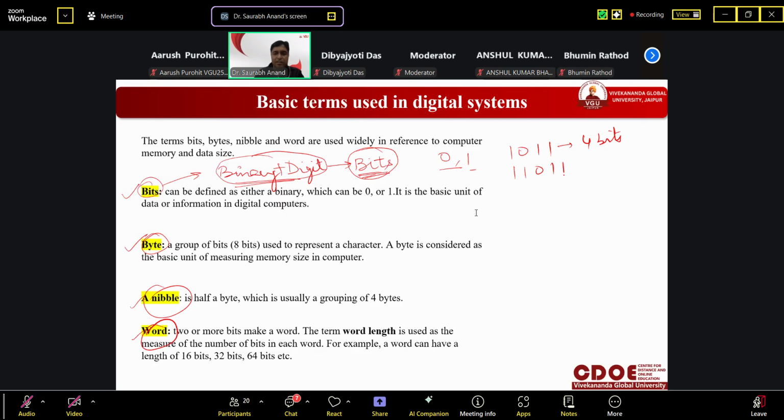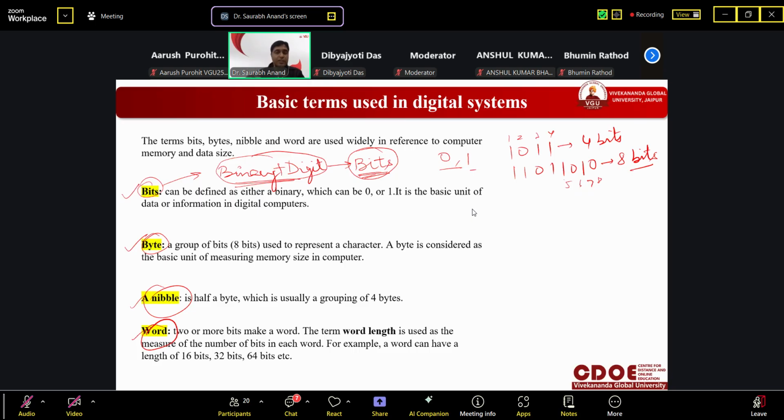And if I am increasing, 4, so it is 8. We will just count the number of 1s and 0s. How many 1s and 0s are there? So if we are counting, then it is 1, 2, 3, and 4, so 4 bits. 5, 6, 7, 8, so it is 8 bits.